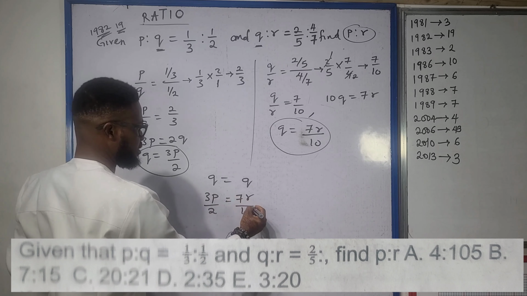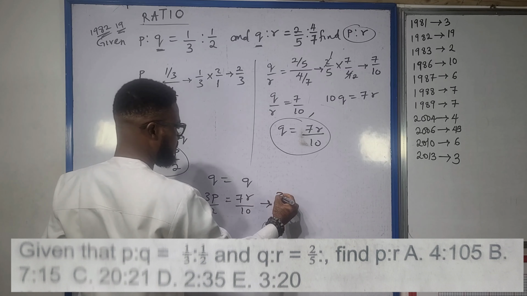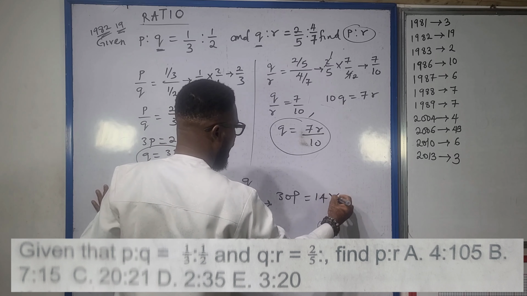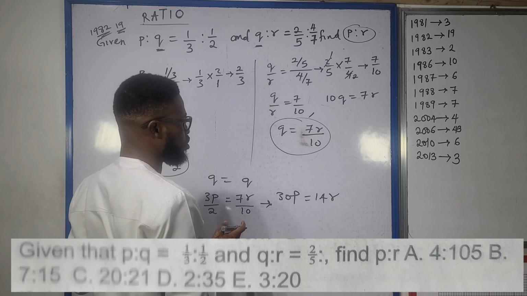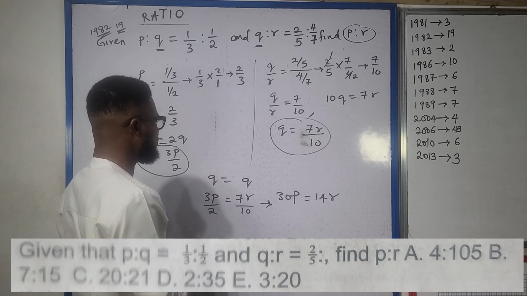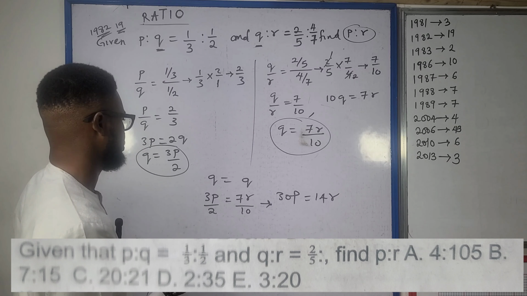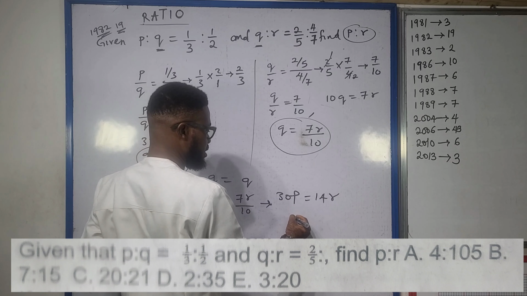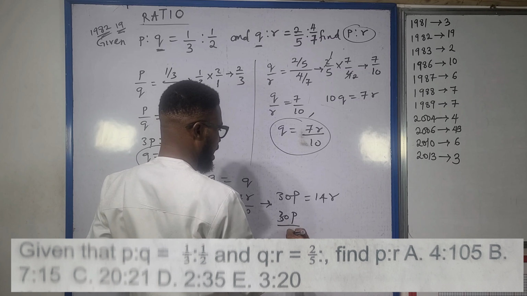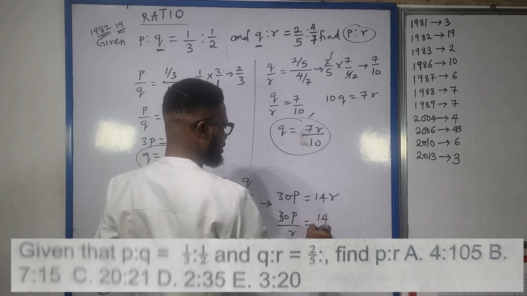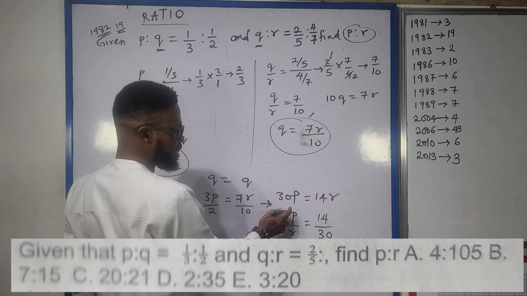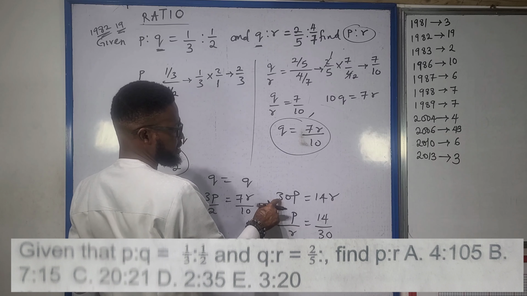Of course, this will mean 30P equals 14R. Since we are looking for P ratio R, let R come here: 30P over R equals 14. 30 moves here.